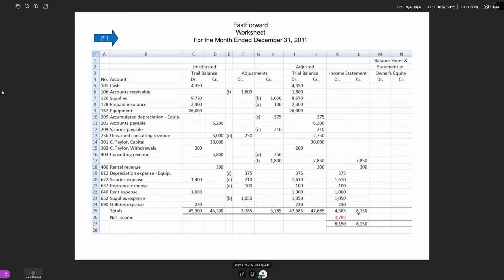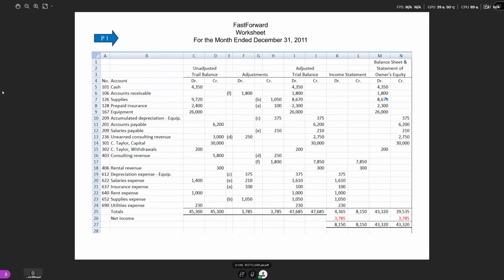Why? Because the revenue that the company has is not always equal to their expenses. In fact, we want the revenue to be greater than the expenses. So the difference that you have is going to be your net income or net loss for the period.